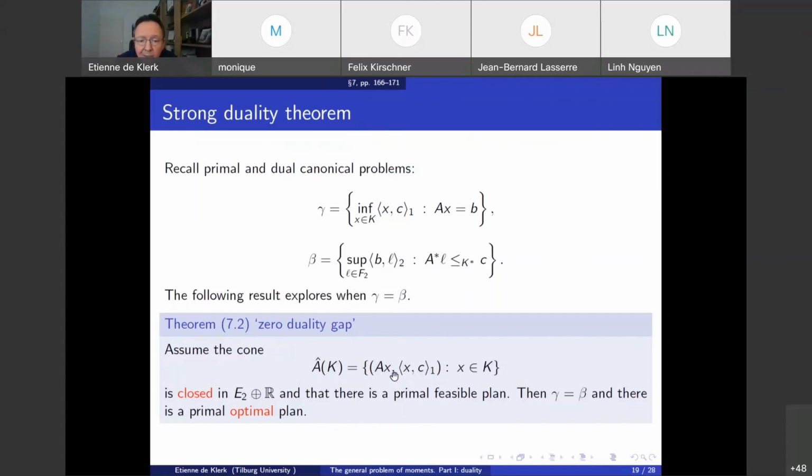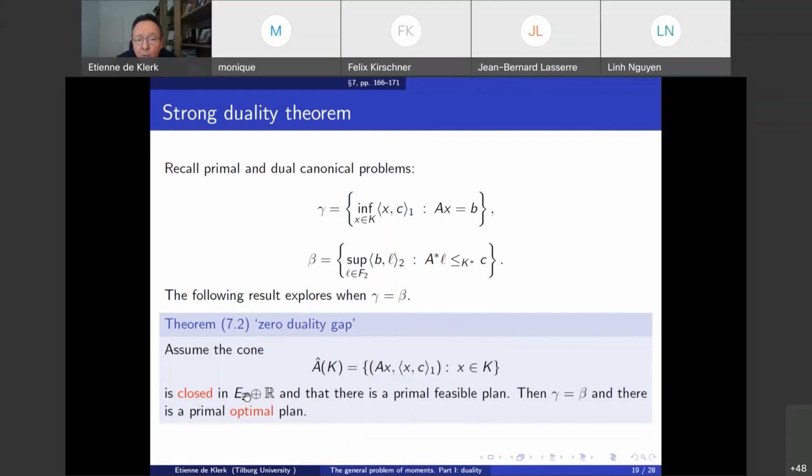So if we look at this pair here, if this is a closed cone in the space E2, R in the weak topology of the duality, then there is a primal feasible solution.